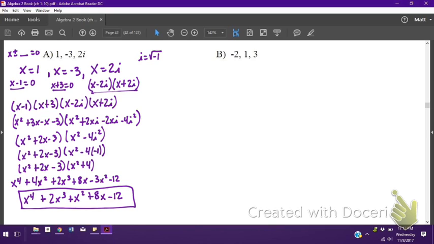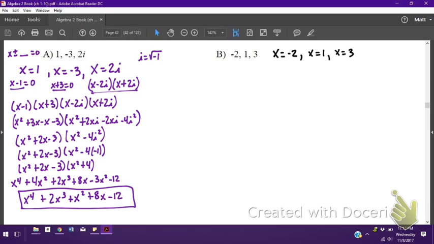Okay. So looking at B is a little bit easier. If we're looking at B, then I know that x equals negative 2, and x equals 1. And I also know that x is equal to 3.